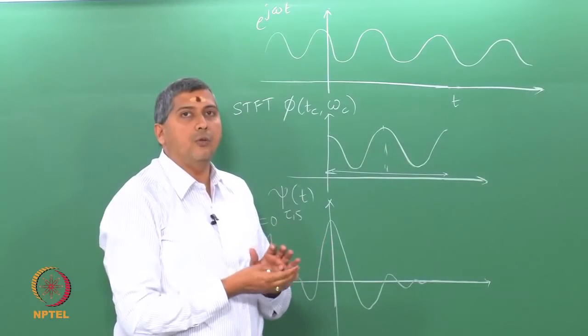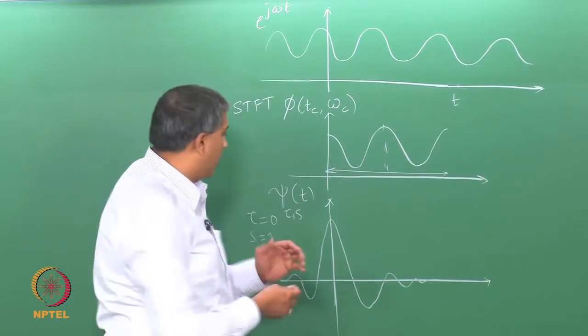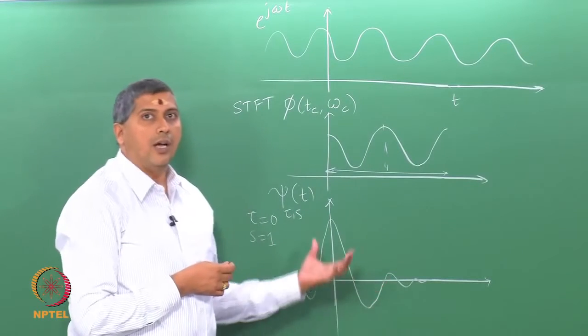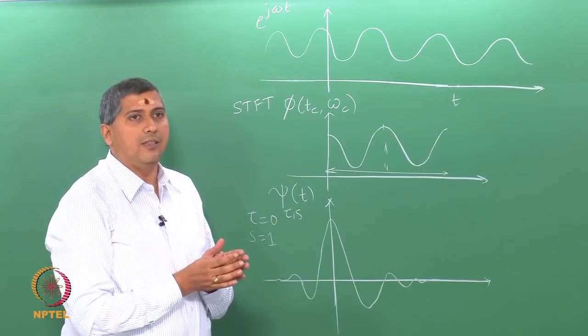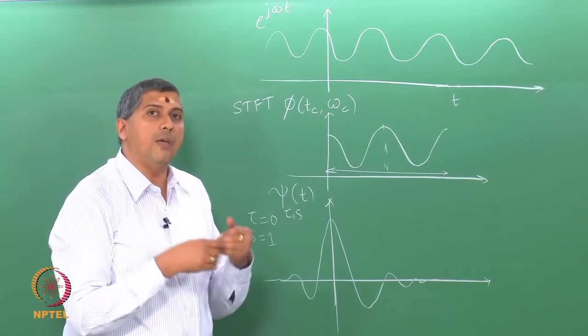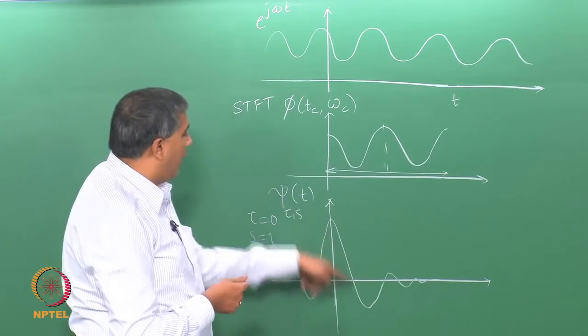If the scale is set to 1, we call this a mother wave, and all the other wavelets, which are the children of this mother wave, are essentially arrived at by either stretching or compressing this signal, and that is why they are called wavelets. So, here we have wavelets which are the children of this mother wave.